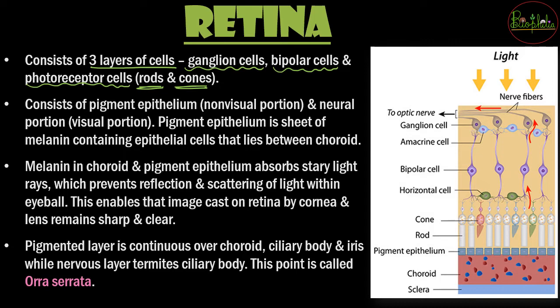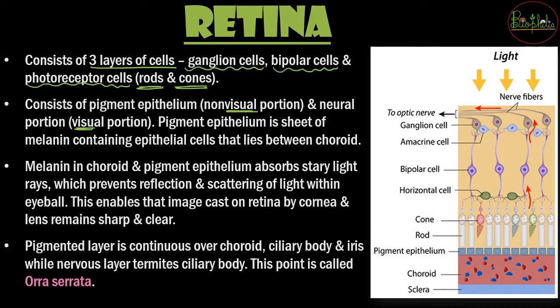There is a pigment layer, which is the non-visual portion, whereas the neural portion is the visual portion. The pigment part is not involved in vision, it will not sense light, but the neural part of the retina senses the light.